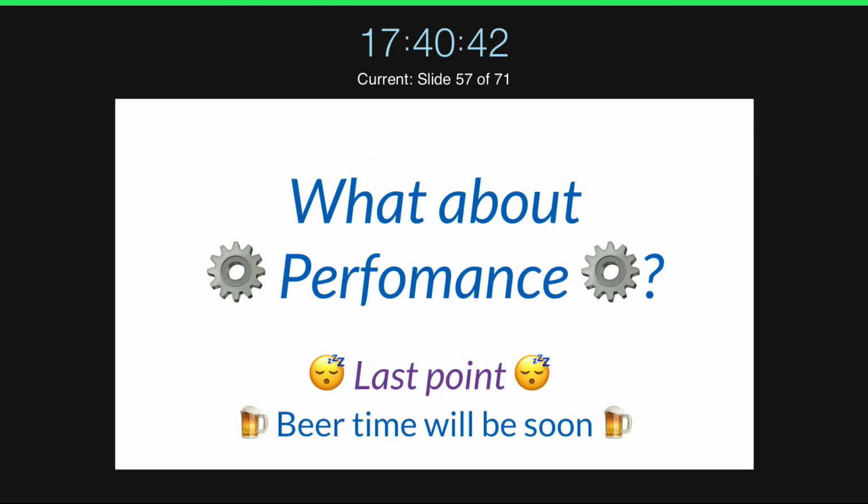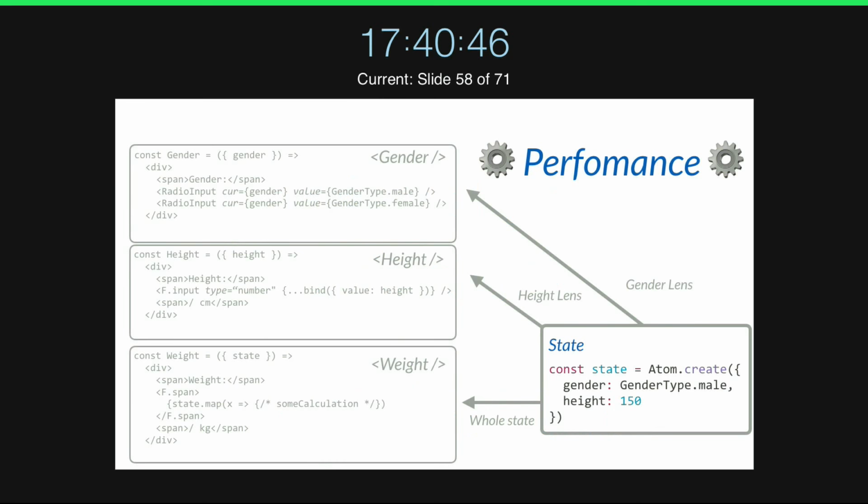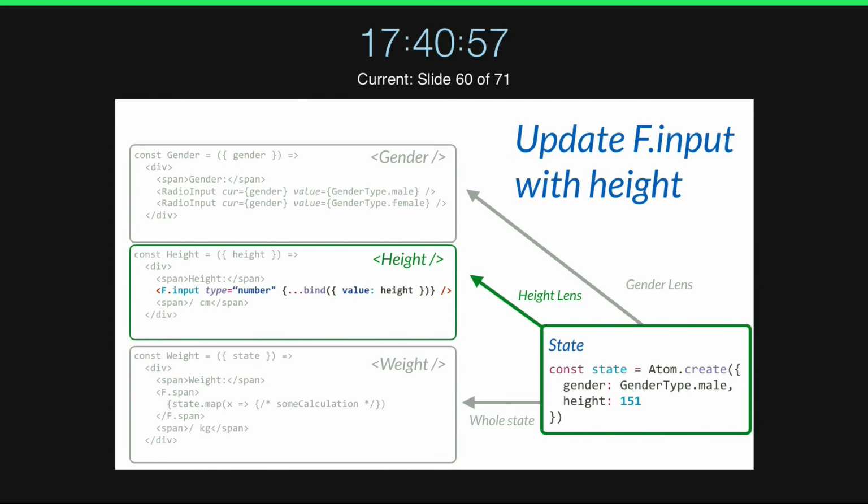Okay, so the last point, what about performance? For example, we have a state, and we want to change part of it, only the height value. When we use Redux, we wrap our component using connect, and if our state changes, we will render the whole component.